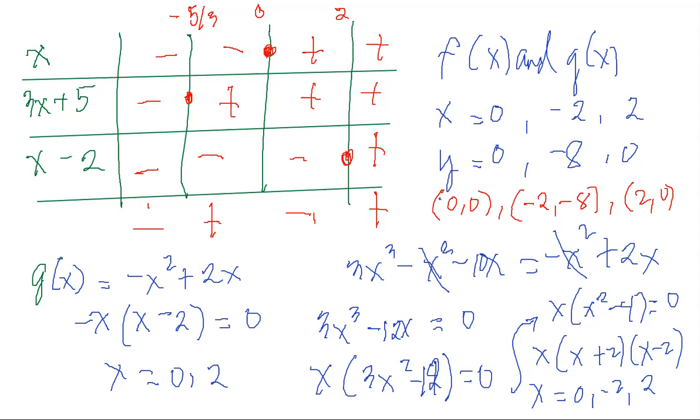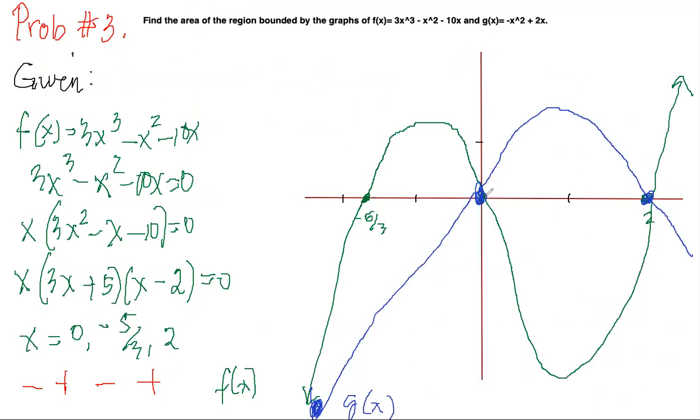Okay, so let's label these points of intersection. So here, here, and here. The point here is negative 2, negative 8, right? All right, so let's now identify the regions bounded by these two curves.